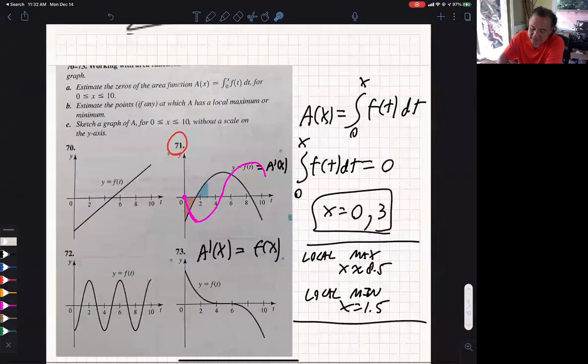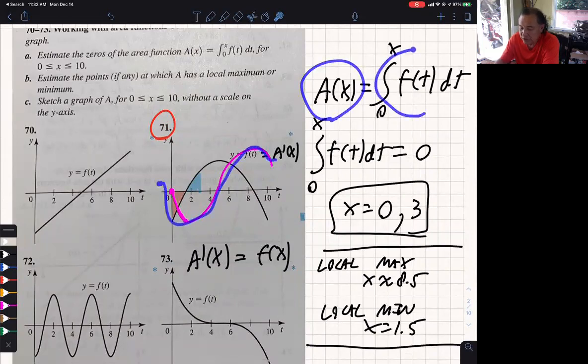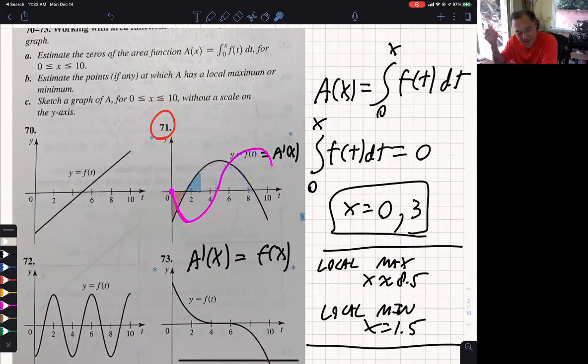So this is this pink graph. It's an integral. And remember when we took the derivative of x cubed, it became x squared? Well, this looks like an x squared, so the antiderivative should look like an x cubed, which that kind of does. So that's number 71.